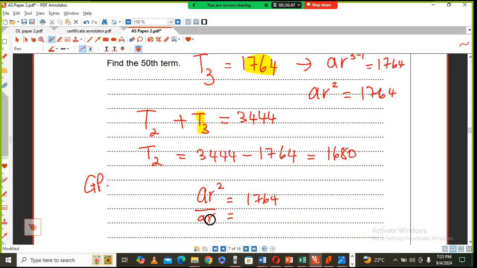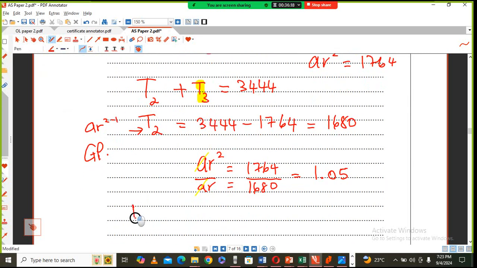It's the second term. The AR is 1,680. Once you divide that, you get 1.05, and that is the value of R. So now that you know R is 1.05, how do we calculate the value of A? By going back and substituting.